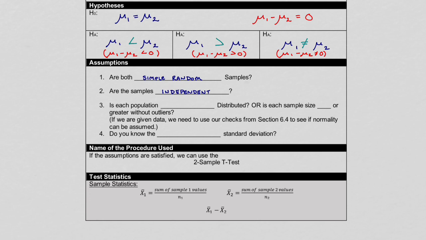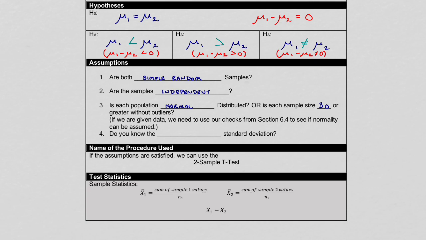For number 3, we want to know if the population is normal from each group. Or is each sample a sample size of 30 or greater without outliers? So ideally, we want to make sure that there are no outliers in there. If there are, then what I would suggest doing is defaulting back to your section 6.4 material and checking out the histogram of your data as well as the normal probability plot.